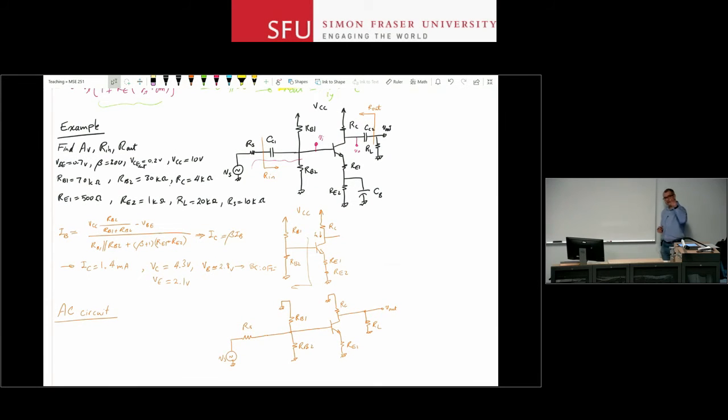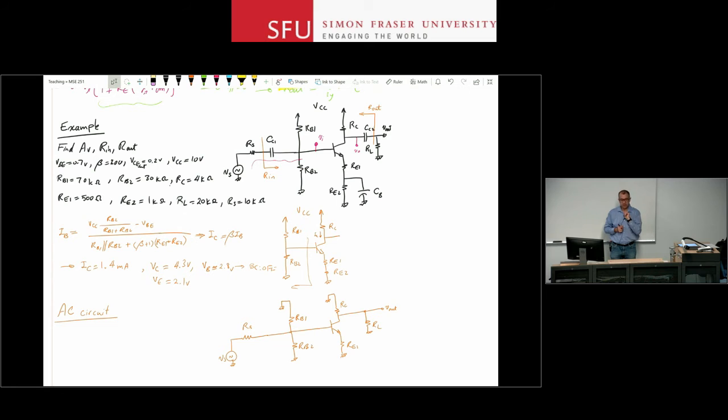I still have the transistor in there. I didn't draw the small signal. The only difference between this and the small signal model is that I'm using the transistor as itself. You can put the small signal model of the transistor there, and that will be your small signal. But my point here is that once you do the small signal analysis for a couple of those stages, we said there are just 3 basic stages, and you can identify the stage in your circuit, then you really don't have to do the full small signal analysis anymore.